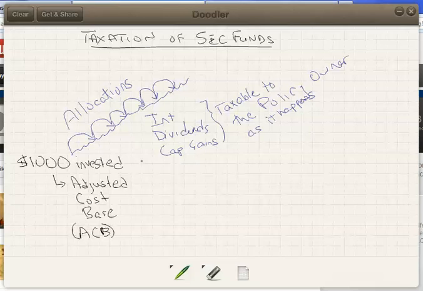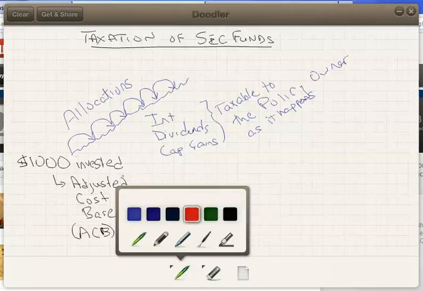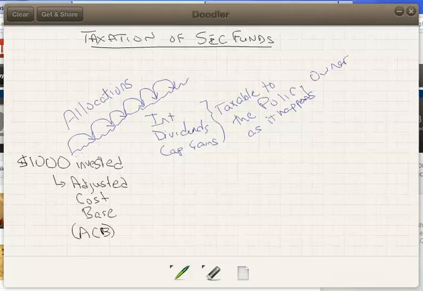Now, that's what happens when we have a gain here. There's a different treatment of segregated funds when we have a loss than we would expect with other types of investments. So let's say that this $1,000 falls in value, and each year we have this drop in value because the underlying investments happen to be losing value.